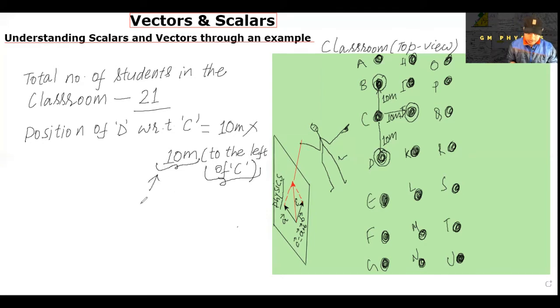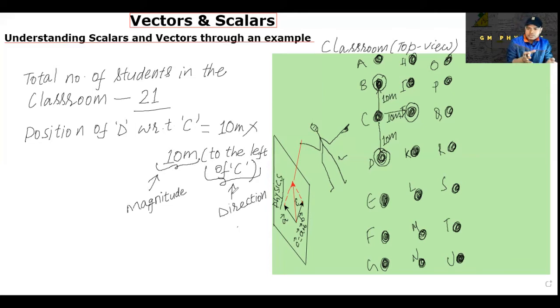So here you see there is a magnitude in this quantity and there is a direction in the quantity. Let's write it. This is the magnitude of this quantity, which is the position of D with respect to C, and this is the direction of that quantity. So there are physical quantities which cannot be completely expressed just by writing magnitude or numerical value.